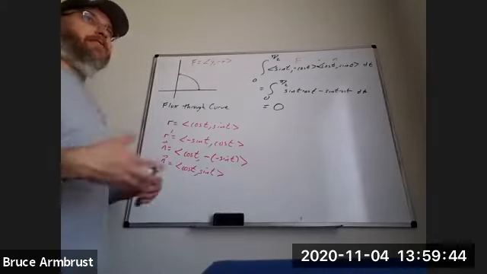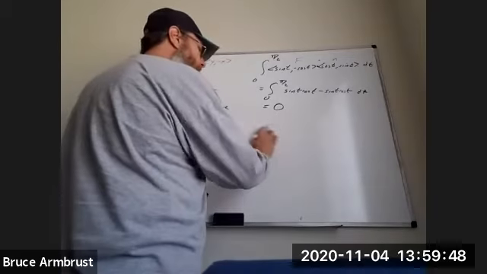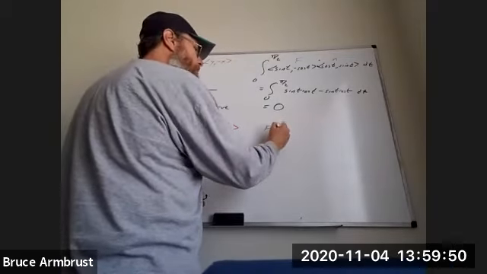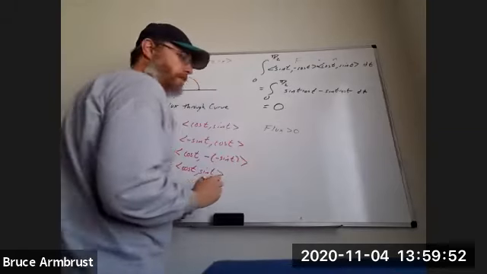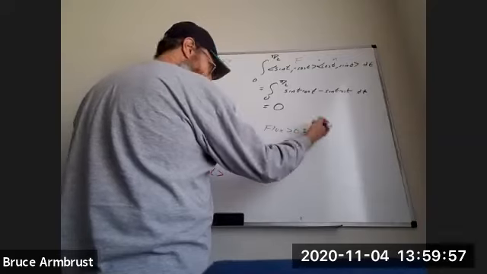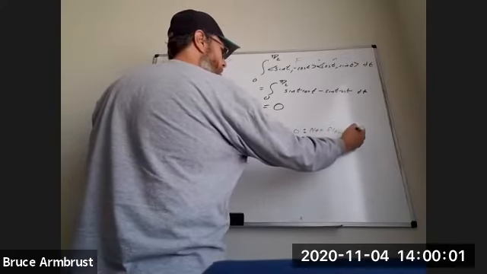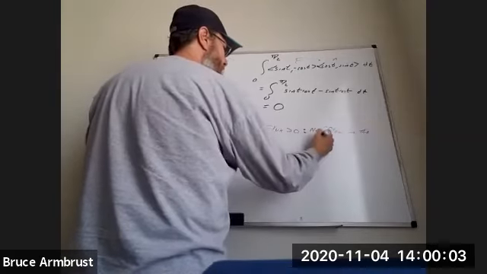Okay, so here's how flux plays out. If flux is greater than 0, that means there's net flow in the direction of the arrows.